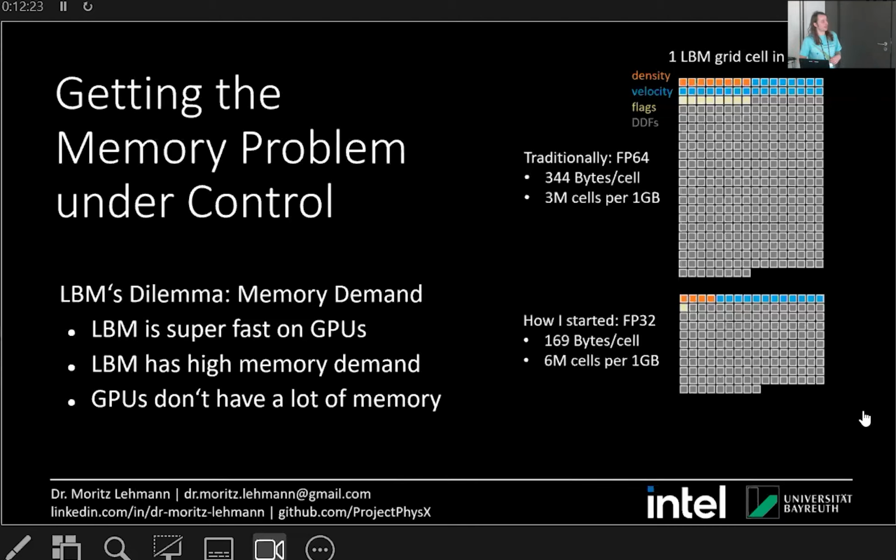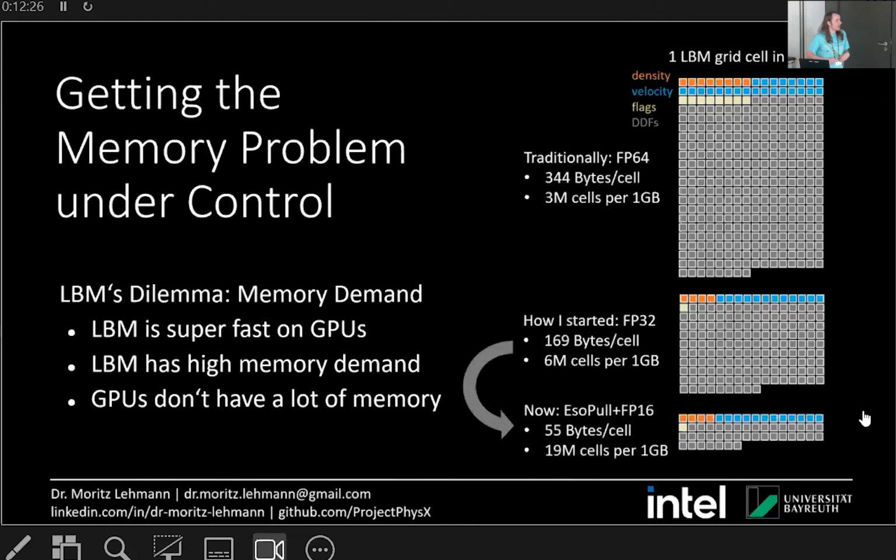And what I did as part of my PhD was to compress it down to 55 bytes per grid cell, which means 19 million cells per 1 gigabyte of memory. And compared to the top one, that's a 6-fold reduction in memory, which is gigantic.